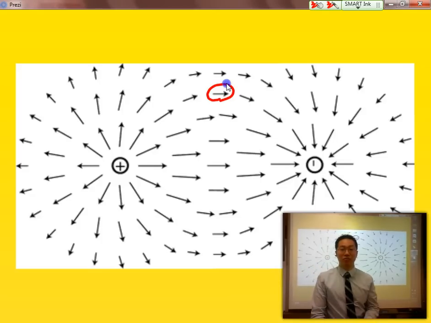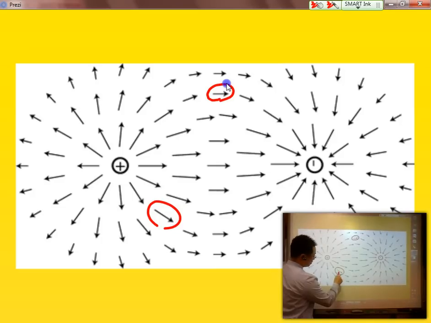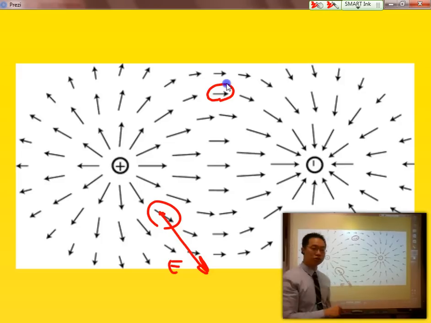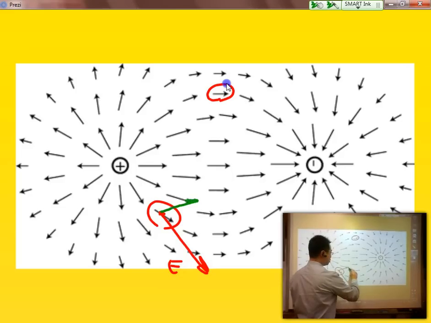However, you're going to need to be able to calculate each of the components and solve for that vector sum. Even if I pick a point over here, I know that it's going out of positive with a very strong electric field because it's closer to the positive charge. At the same time, it's going to be going in towards the negative charge.